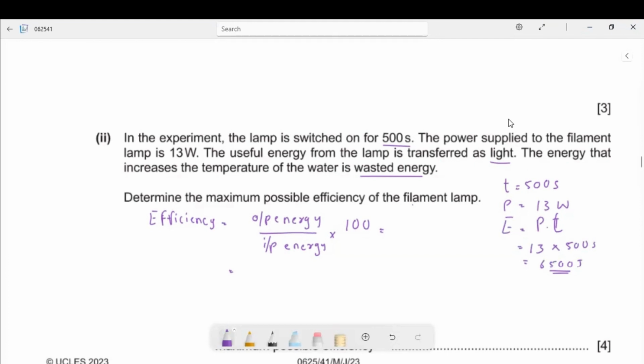For finding the output energy, we need total energy minus energy dissipated as heat, by input energy into 100.